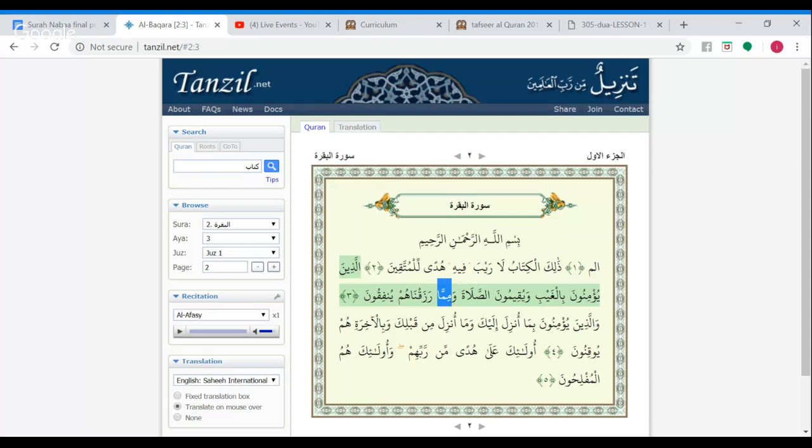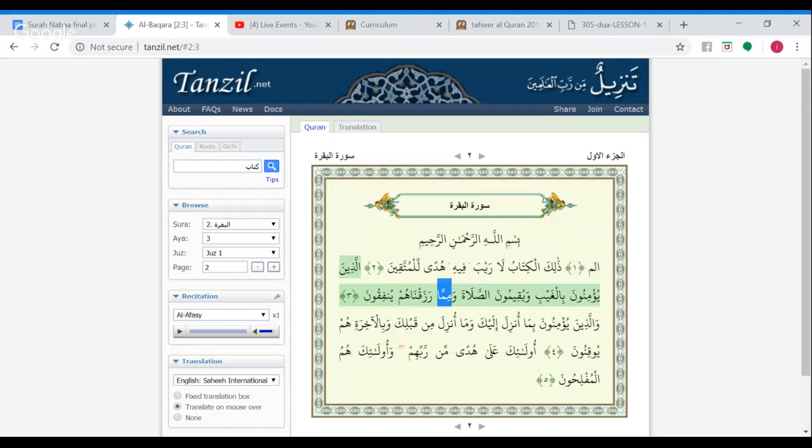It has min in it. Min is the harf of jar, and it means from. So that's why from what? Ma is an isim basically. We will come to that isim later. And if you ask me what is the form of that ma, it is majroor because of the min.